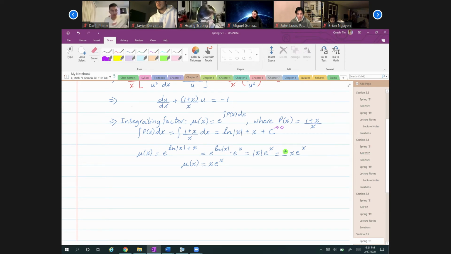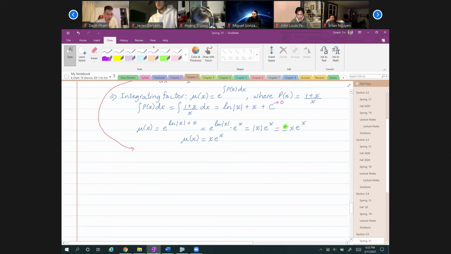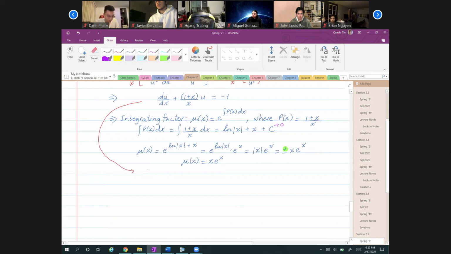So this equation becomes, you multiply mu of x to both sides. You multiply mu of x to the left-hand side, which is du/dx. This is a good review of section, I believe it's 2.3.